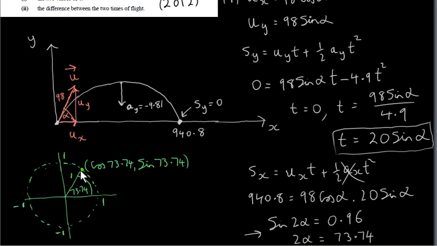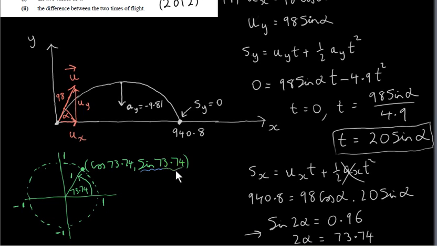We know from trigonometry that the coordinates of a point on a unit circle, which is a circle with a radius of 1, are cos theta, sine theta, where theta is measured anti-clockwise from the positive x-axis. So if theta is 73.74, well, it's called 2 alpha here, then the coordinates of this point are cos 73.74, sine 73.74.